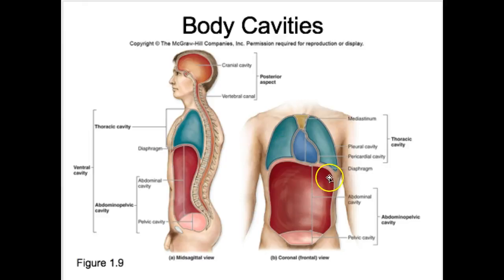The thoracic cavity is further subdivided into the pleural cavity and the pericardial cavity and the mediastinum. Your thoracic cavity and your abdominal cavity are divided by the diaphragm. It's a muscle. It's your respiratory diaphragm muscle.